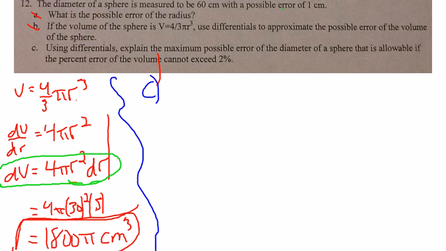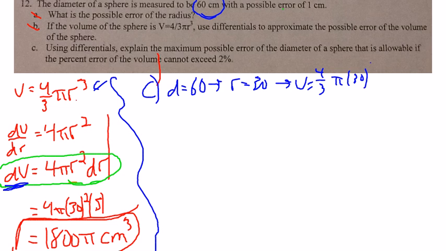So the first thing I need to do is find the volume in this case right here when I have 60 centimeters. And then I'm going to take 2% of that. And that's going to become my dV. So my diameter is 60, which tells me that my radius is 30, which tells me that my volume, I'm using this guy right here, is 4/3 pi times 30 cubed, which plug it in your calculator, we get 36000 pi.